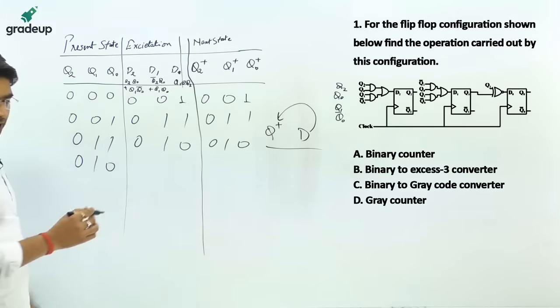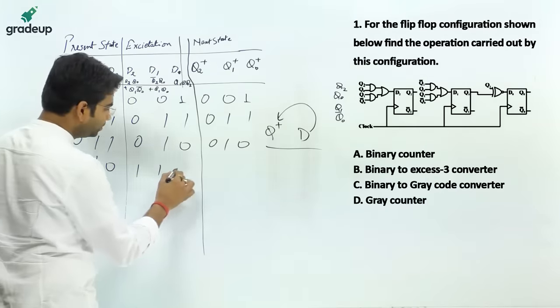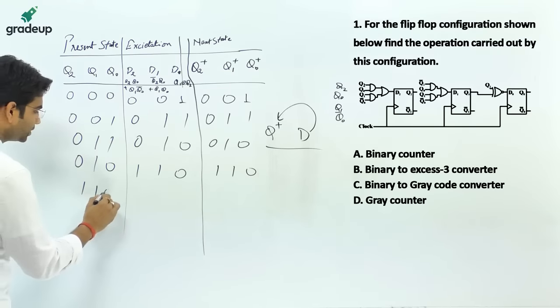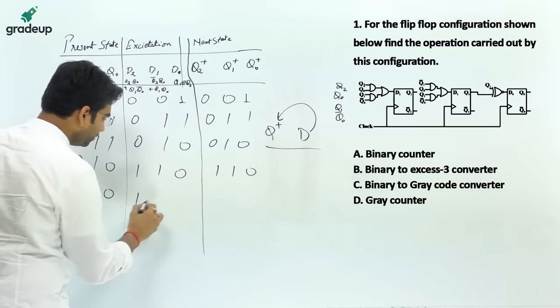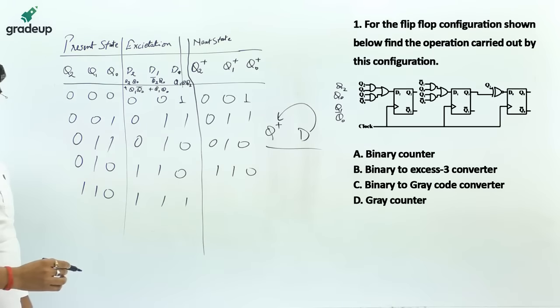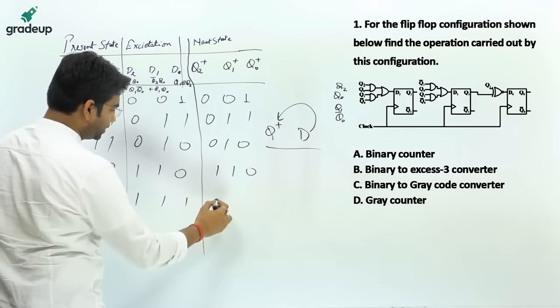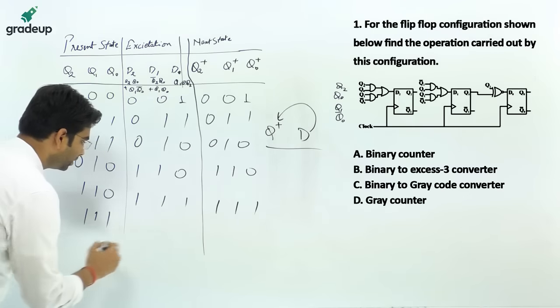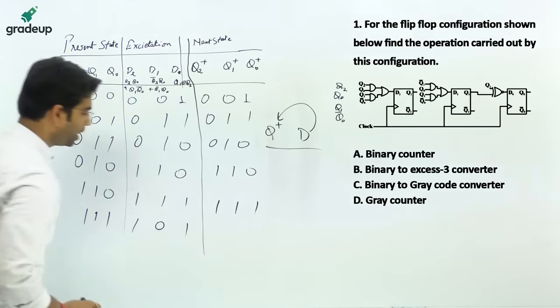From 0, 1, 0, the next state will come as 1, 1, 0. Again, the next state is 1, 1, 1. My friends, please solve these. From 1, 1, 1, we are going to have 1, 0, 1.